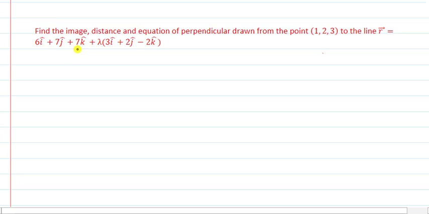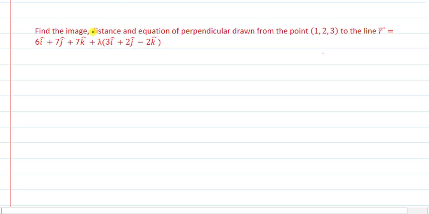Let us look at this problem. Find the image, distance and equation of perpendicular drawn from the point (1, 2, 3) to the line r is equal to 6i cap plus 7j cap plus 7k cap plus lambda times (3i cap plus 2j cap minus 2k cap). So here we need to calculate three things.